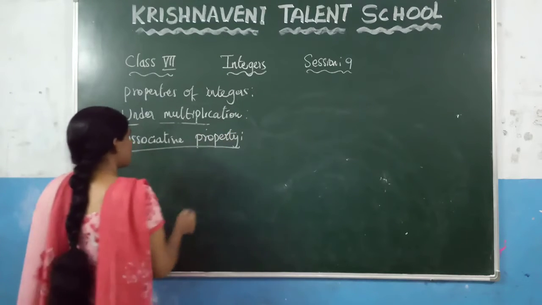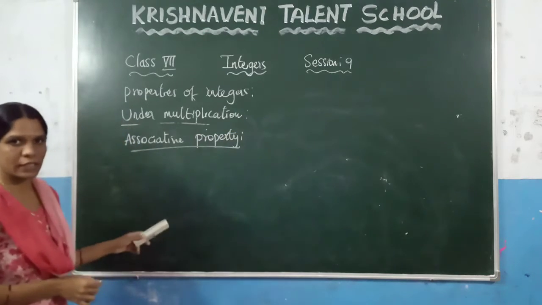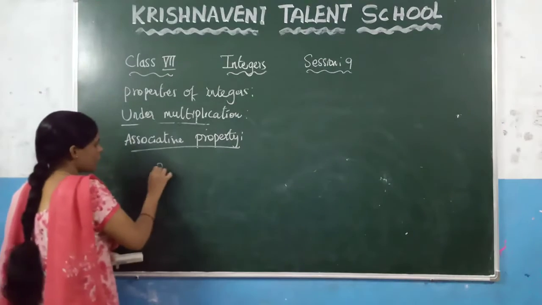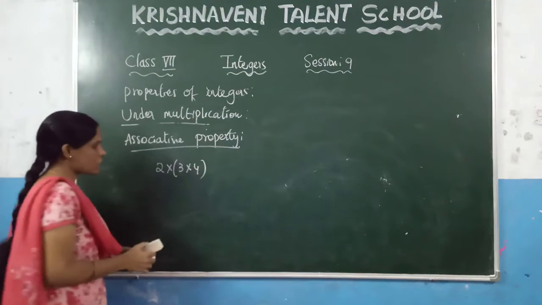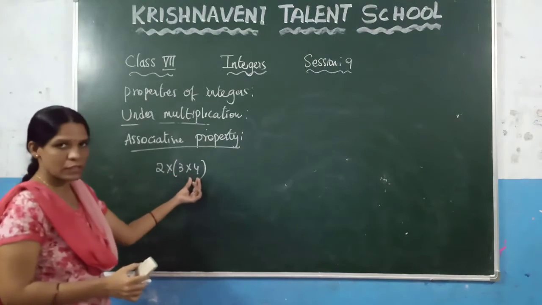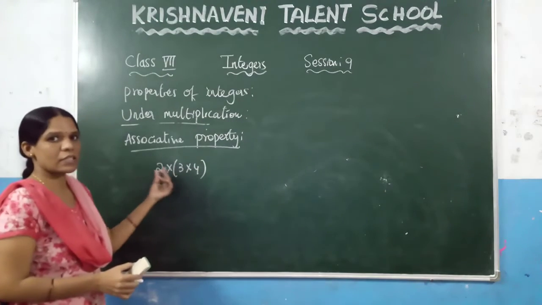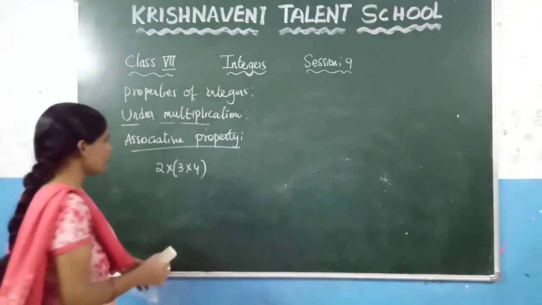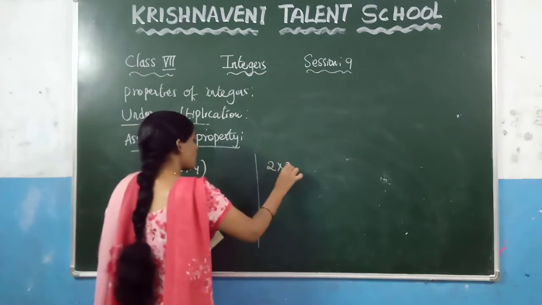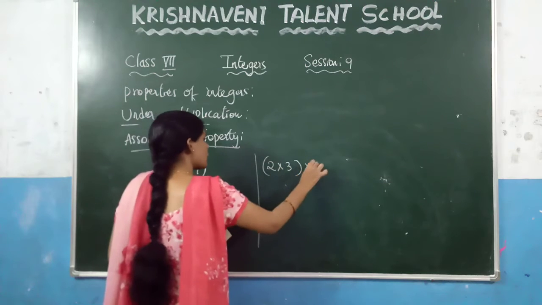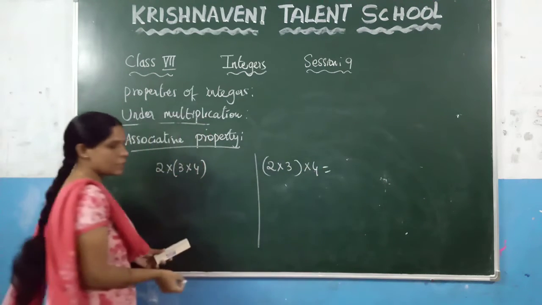We already stated that for the associative property we need 3 integers. So it states here: 2 into 3 into 4. First you multiply the second number with the third number, and then multiply the first number with that result. Alternatively, first multiply the first and second numbers, and the result is multiplied by the third number.